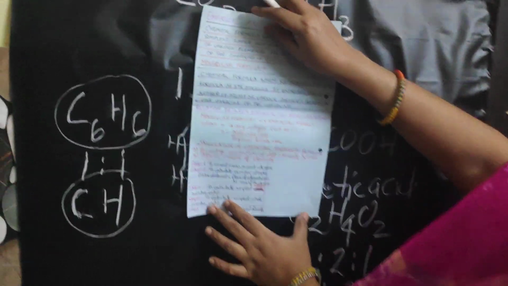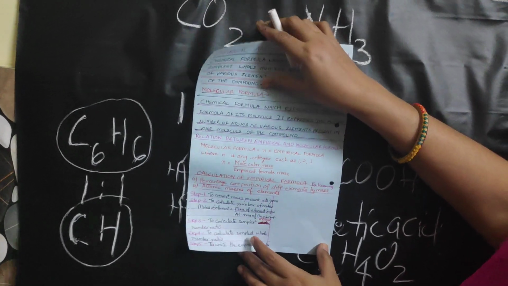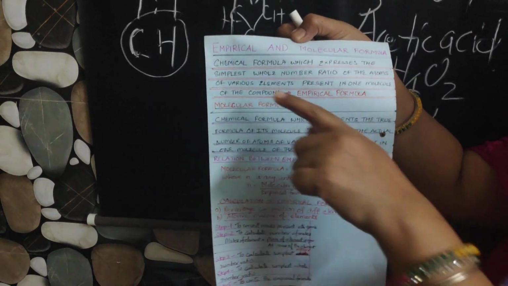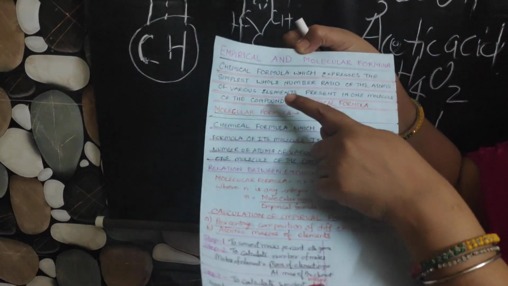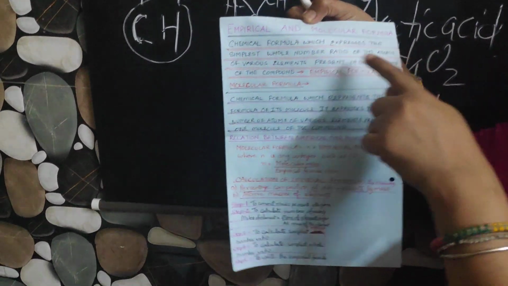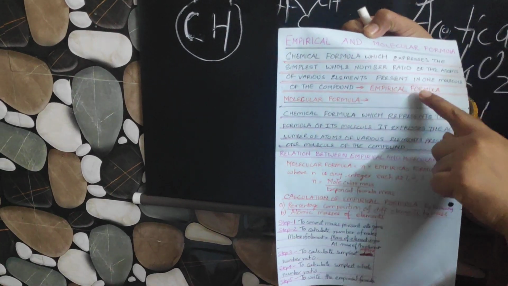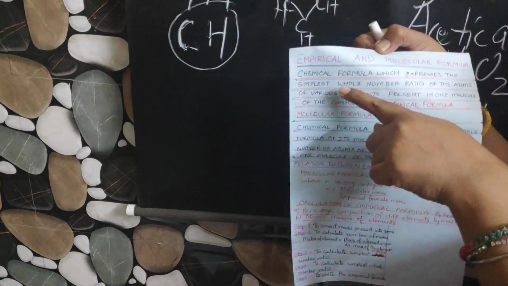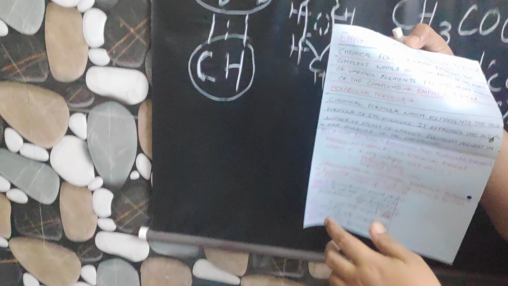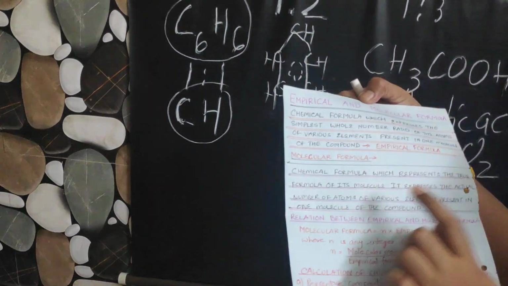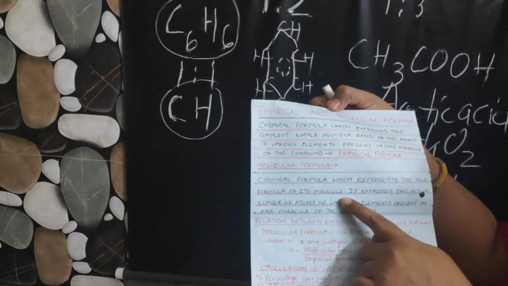Let's take a pause. The empirical formula is the chemical formula which expresses the simplest whole number ratio of the atoms of the various elements present in one molecule of the compound. Whereas the molecular formula tells you the exact, true formula of the molecule.